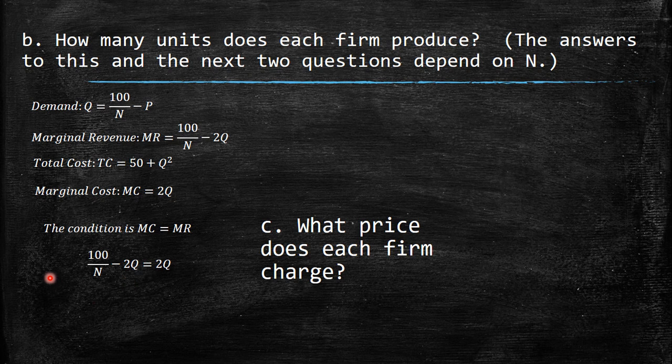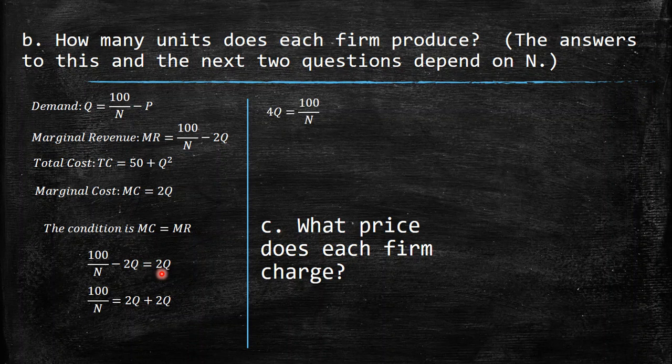Then you need to collect Q and find the optimal value of Q, where you reach the condition where marginal cost equals marginal revenue. Here you take this 2Q to the other side, because with minus you go with plus, and then you have this one. I just put this to the left and this to the right to keep some order and have our variable answer on the left.